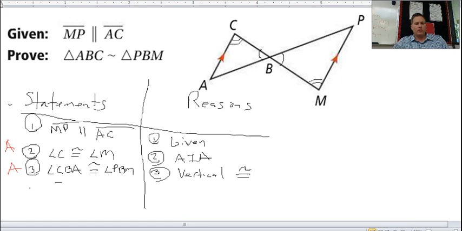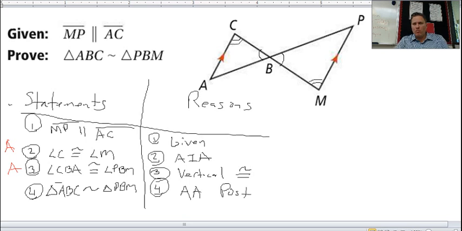So our step number 4 is we can now put that triangle ABC is similar, that's my sign for similar, to triangle PBM. And for the reason, we can just put our AA postulate. There you go. There's our proof.